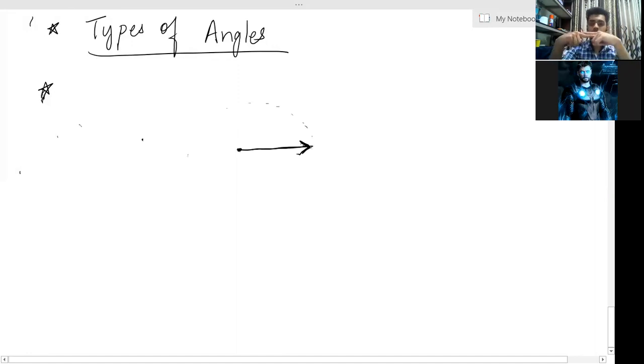So I'm going to rotate the ray till it comes to the opposite direction. So finally I'm going to get the ray like this. Straight angle. Whenever I rotate it in such a way that I get an opposite ray, we call this a straight angle.